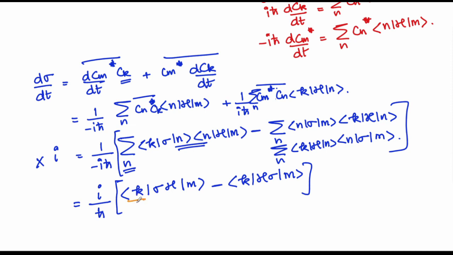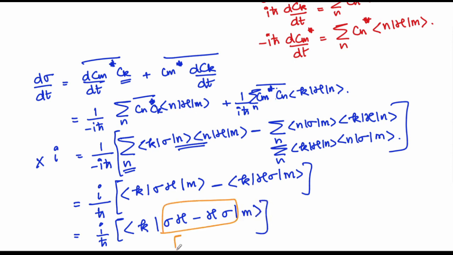Once again, the states on the left hand side and the right hand side are the same, so therefore this can be written as i divided by ℏ times ⟨k|sigma Hamiltonian minus Hamiltonian sigma|m⟩. And immediately you are able to understand this is nothing but the commutator of sigma comma Hamiltonian. So therefore this will get written as i by ℏ [sigma, Hamiltonian].